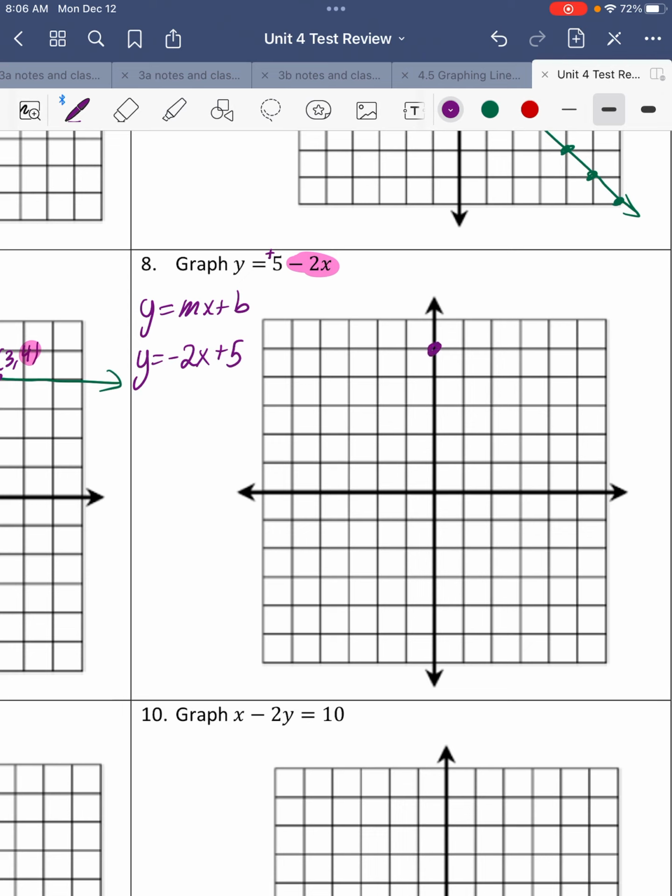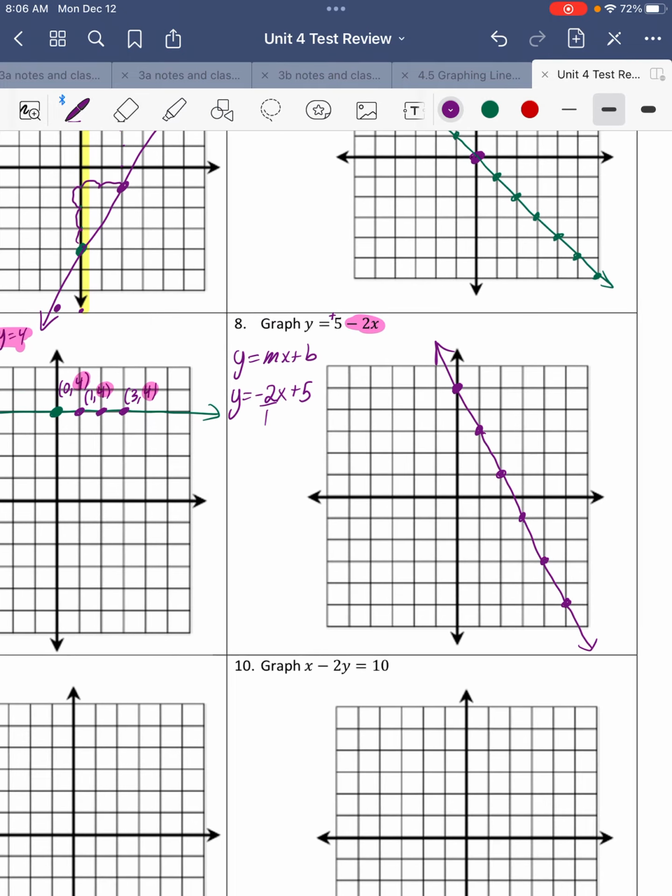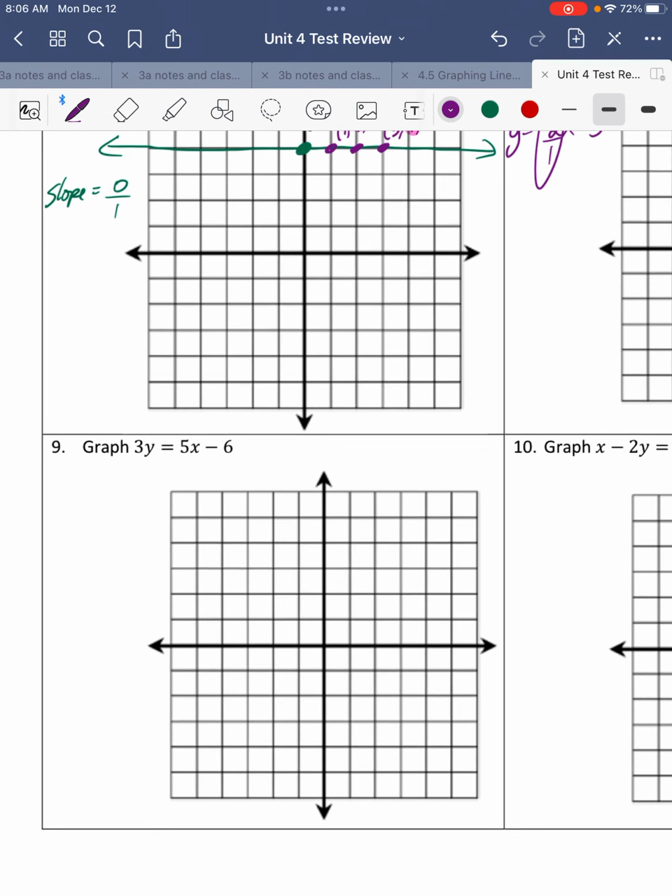So we go up 5, and then we're going to go down 2 and right 1. Down 2, right 1, down 2, right 1, down 2, right 1. Cool. Draw your graph through, and we're done. You can always look at the slope. The slope of the graph is negative, and it's a negative number for a slope.